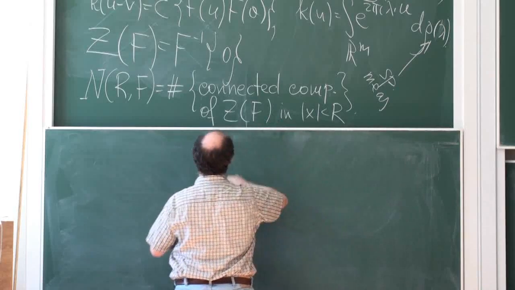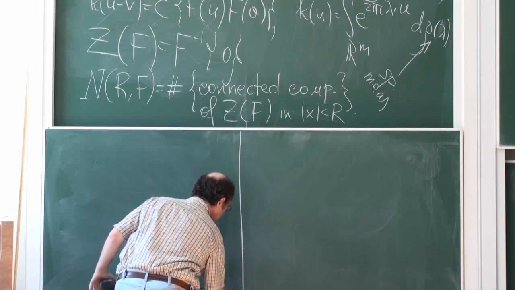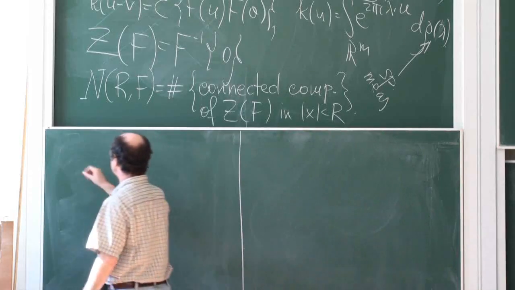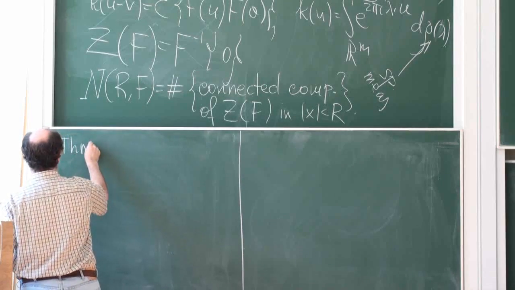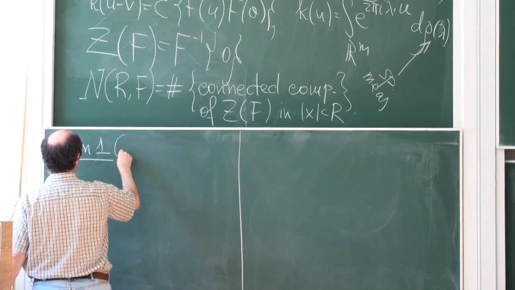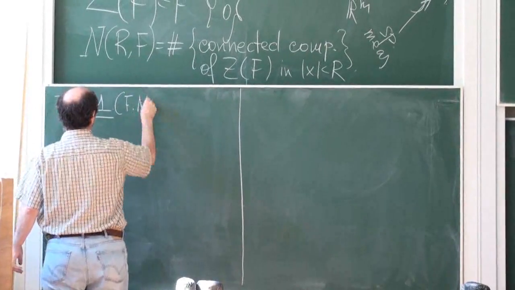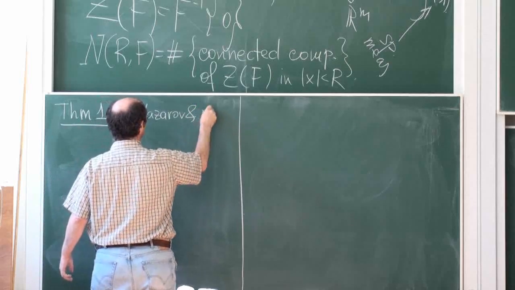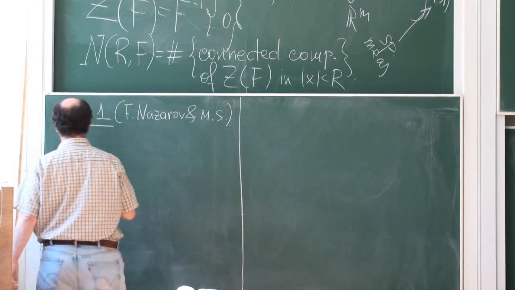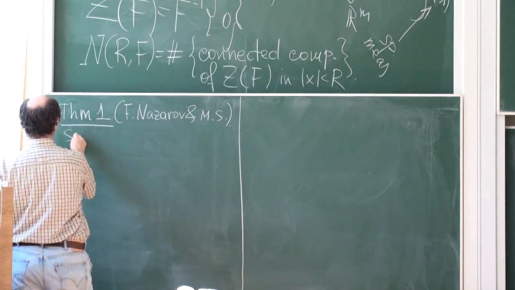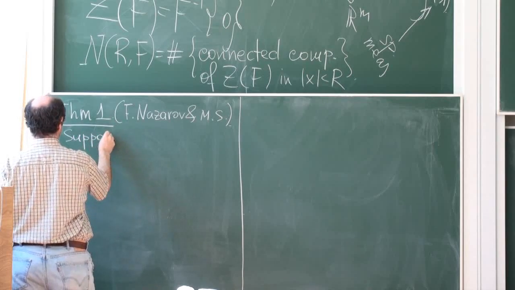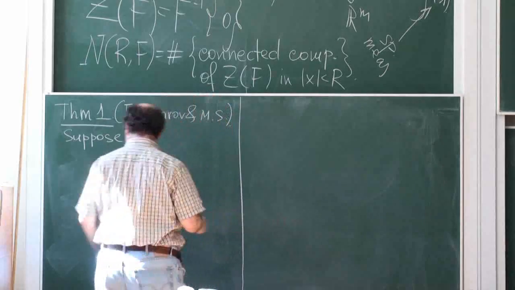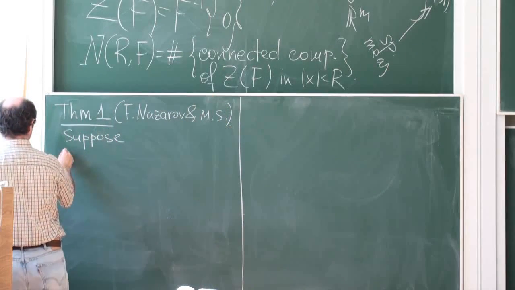And now I can formulate the theorem. This will be our first theorem. Suppose that the spectral measure satisfies the following assumptions.